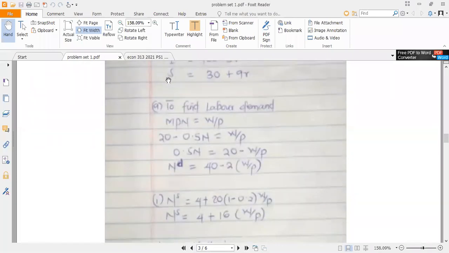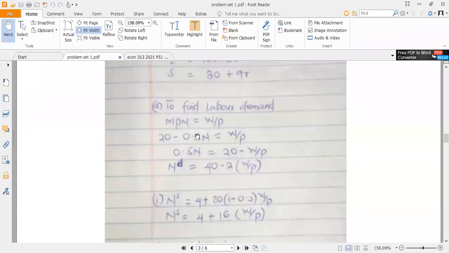We can get our demand for labor when we equate the marginal product of labor to the real wage. From the question, we're given the marginal product of labor as 20 minus 0.5N. So we equate this to W over P, then we make N the subject.